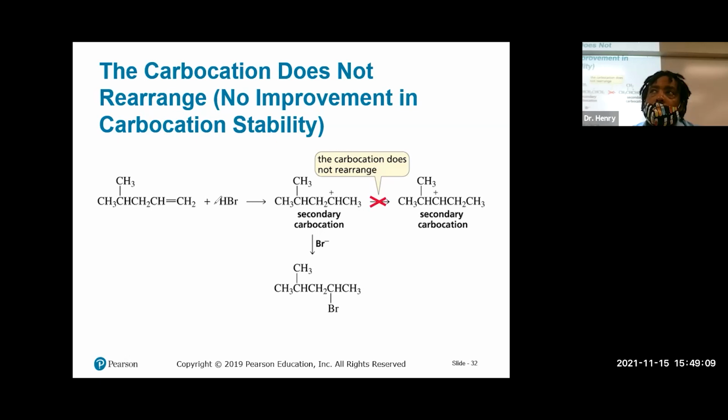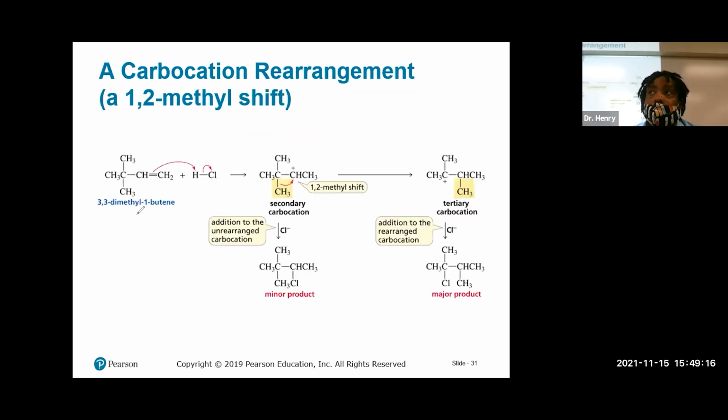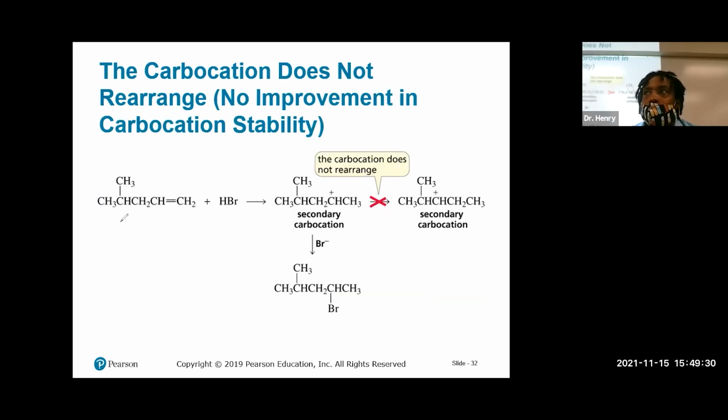Now, this guy isn't going to rearrange. So what is the distinction between the 3,3-dimethyl 1-butene compared to the 4-methyl 1-pentene?